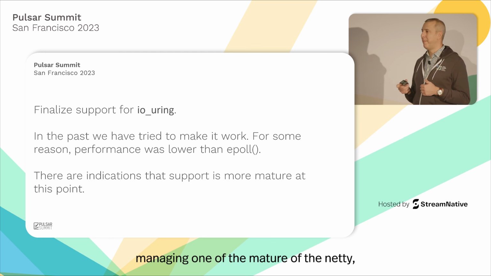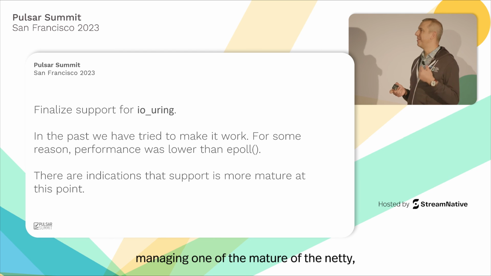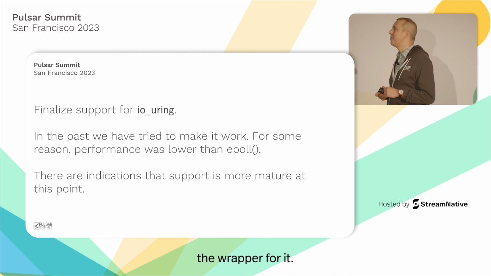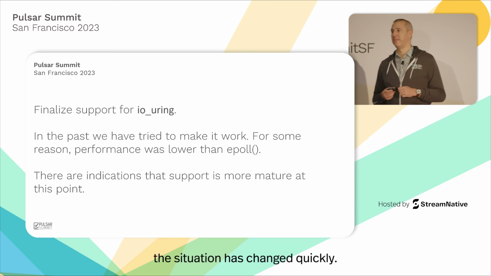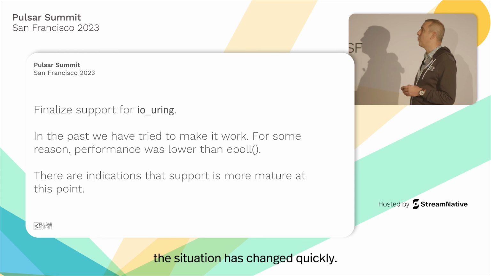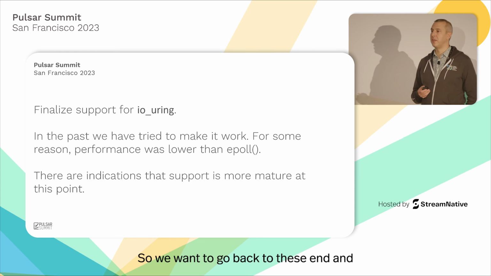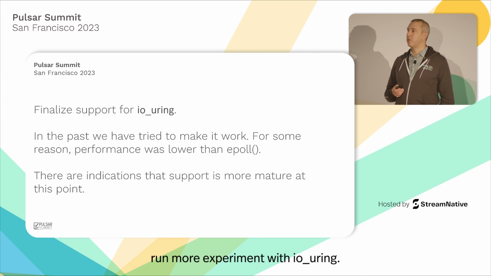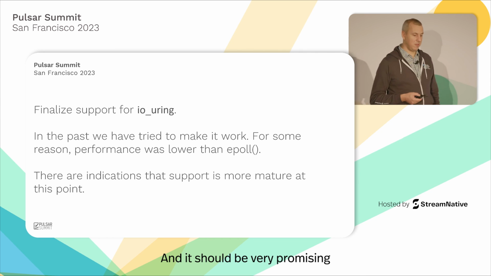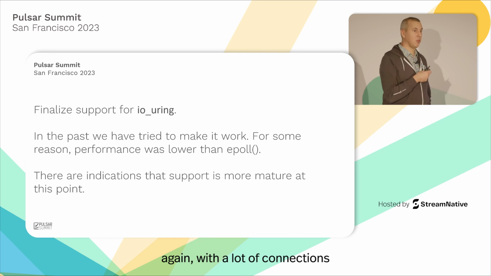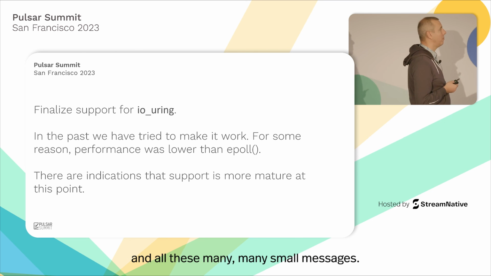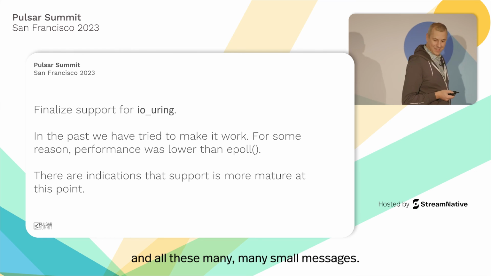But many things were not mature: kernels, the Netty wrapper for it. We're very confident that right now the situation has changed or is changing quickly. So we want to go back to this and run more experiments with io_uring, and it should be very promising to have much better performance, again, with a lot of connections and all these many small messages.